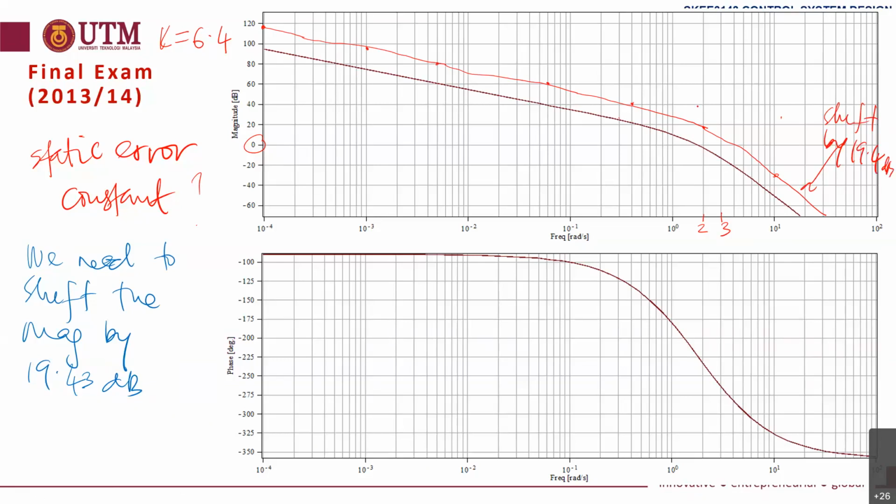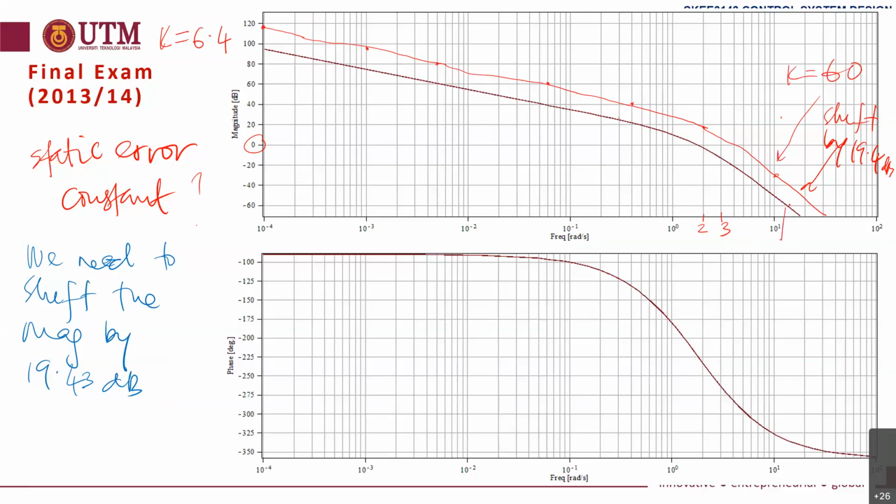If you have a ruler that can bend, that will be easier because it will be shifted in parallel to the original one. So this is the new one with K equal to 60.